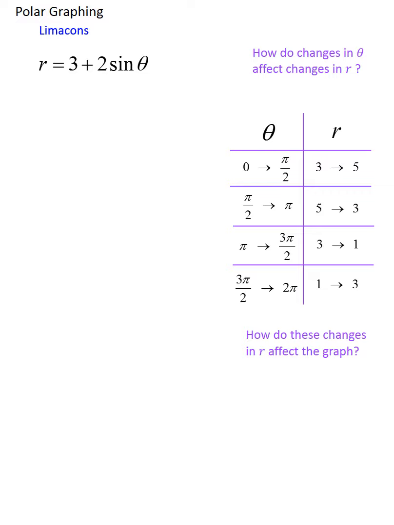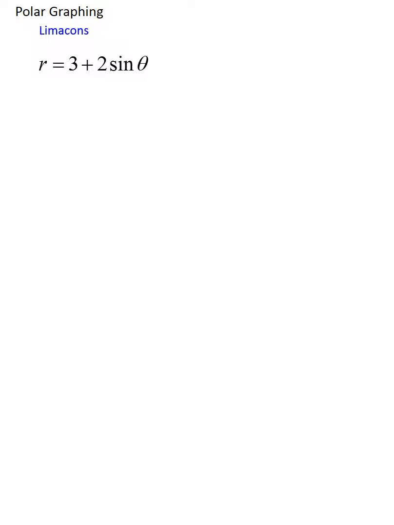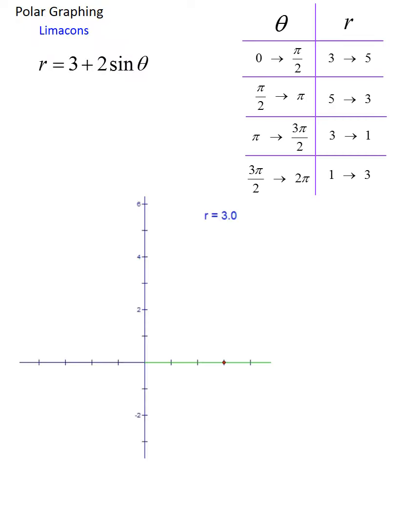Now I want to know, how are these going to affect the actual graph? Watch as theta sweeps through quadrant 1. R is going to go from 3 to 5.